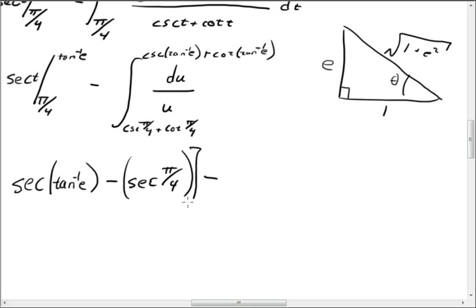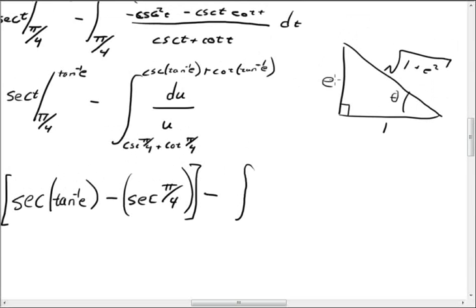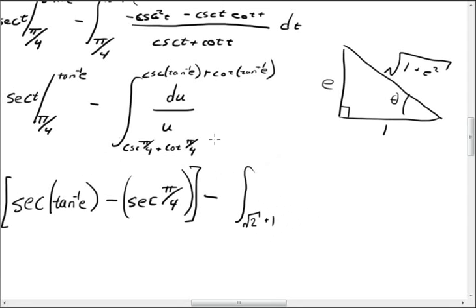minus this integral. Cosecant of pi over 4 is going to be square root of 2, and, okay, sorry about that, I want to make sure I didn't mess up. Cosecant of pi over 4 plus cotangent of pi over 4 is square root 2 plus 1.